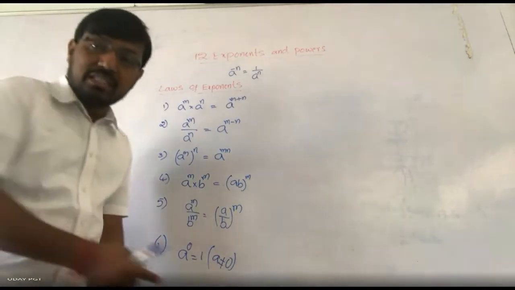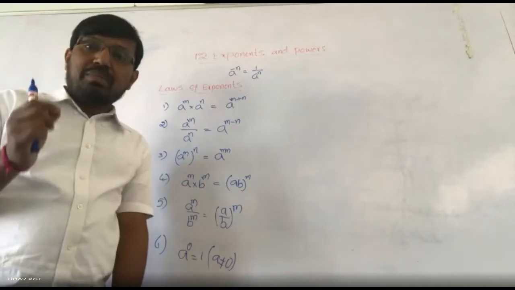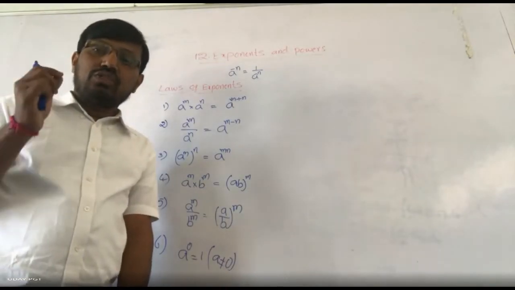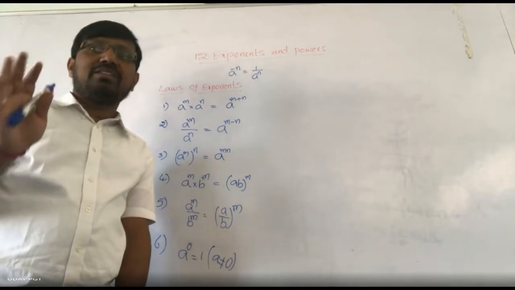Any number to the power of 0 has value 1 except 0 power 0.